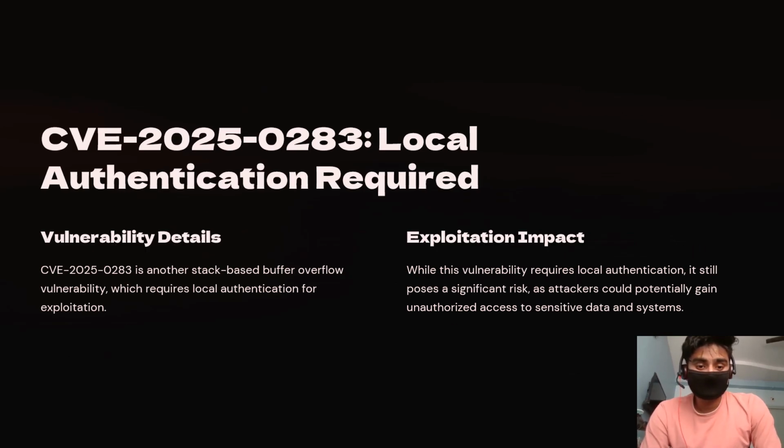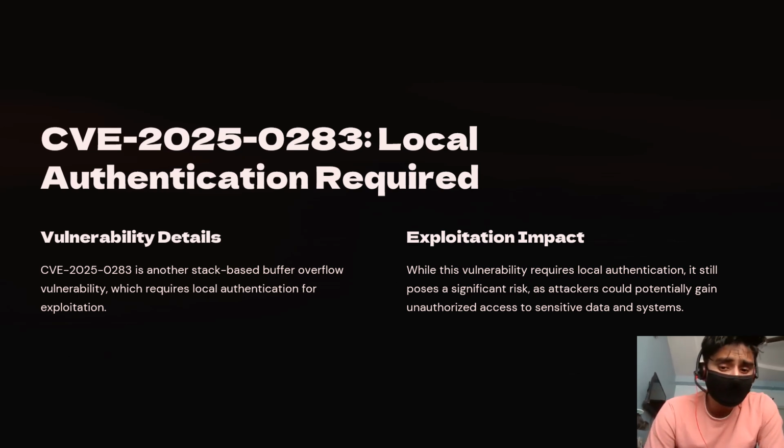Coming to the next, CVE-2025-0283, the second of the two critical vulnerabilities I highlighted. One is unauthenticated remote code execution, and the other requires local authentication. When we discuss the vulnerability details, we have to keep in mind that CVE-2025-0283 is another stack-based buffer overflow, which requires authentication for exploitation.